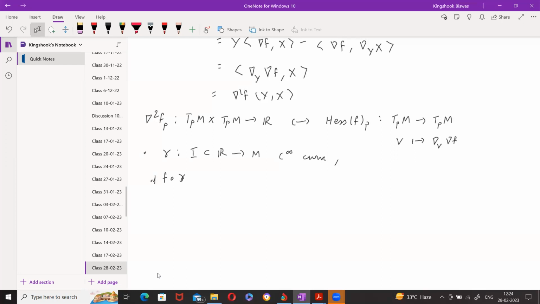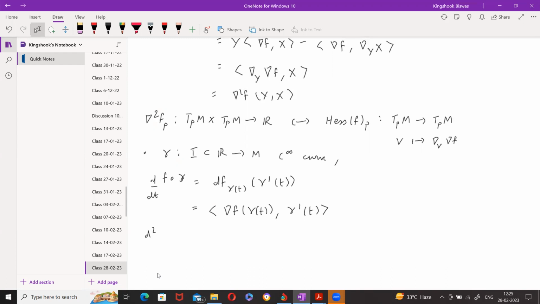So what is the first derivative of this function? By the chain rule, this is df at gamma t acting on gamma prime t. Now, by definition of the gradient vector, this is the inner product of grad f at gamma t acting on gamma prime t. Okay. So what will the second derivative be?